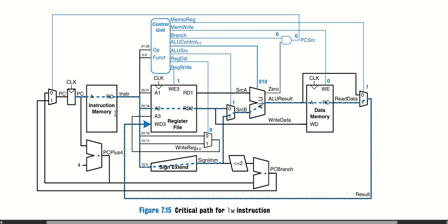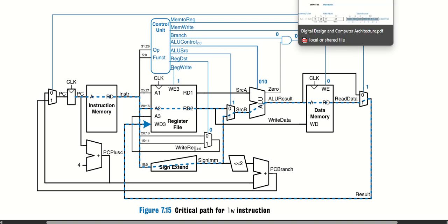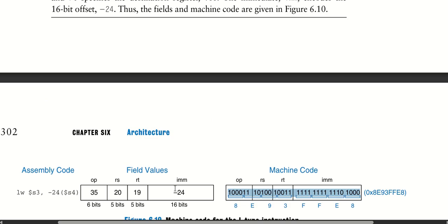So what you see is that you have the instruction to be fetched, right? Now bit 25 to 21. What does bit 25 to 21 represent in the load word instruction? It represents the RS field, right?